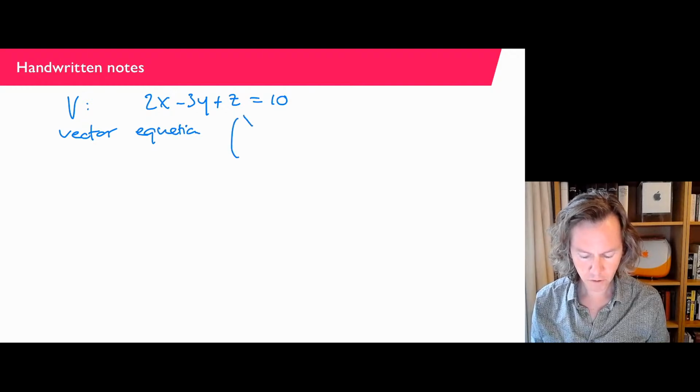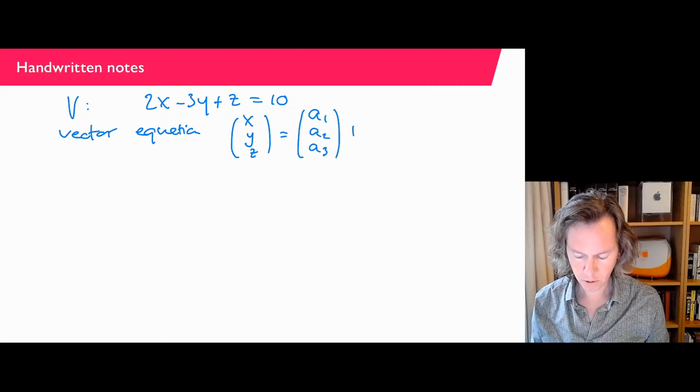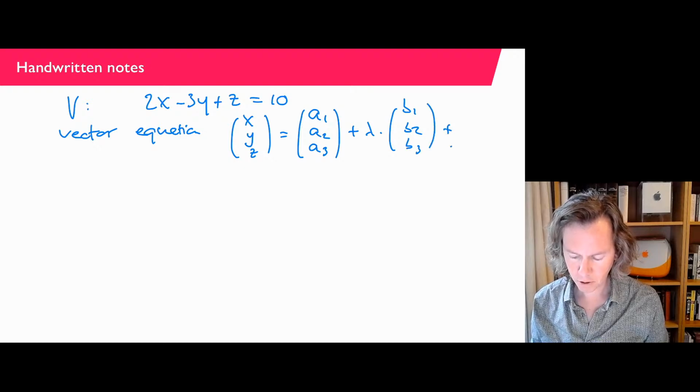So that would be something like x, y, z equals a1, a2, a3 plus lambda times b1, b2, b3 plus mu times c1, c2, c3.